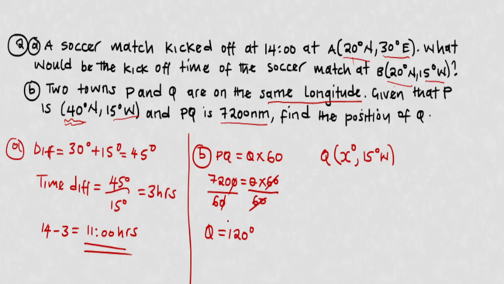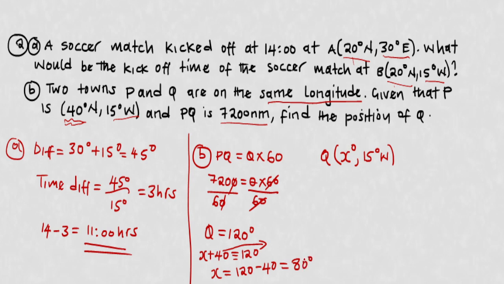So I'm going to say x plus 40, if I add these two, the answer should be 120 degrees. So when this 40 crosses the equal sign, x will be equal to 120 subtract 40, and 120 subtract 40 gives 80 degrees.